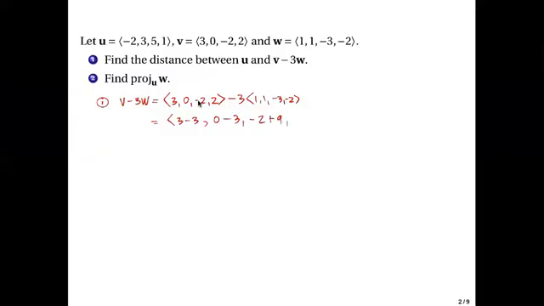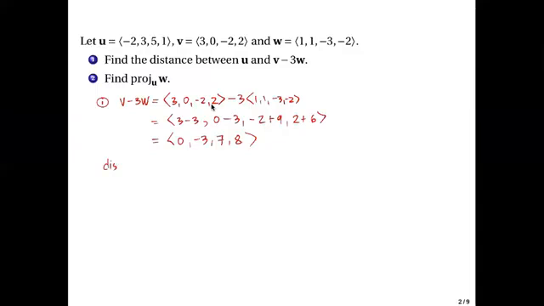And then lastly, you have 2 minus 3 times -2, so this becomes 2 plus 6. And then we just simplify. We will get 0, -3, 7, and then 8. So this is v minus 3w.